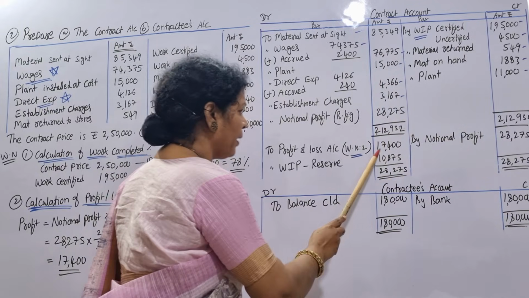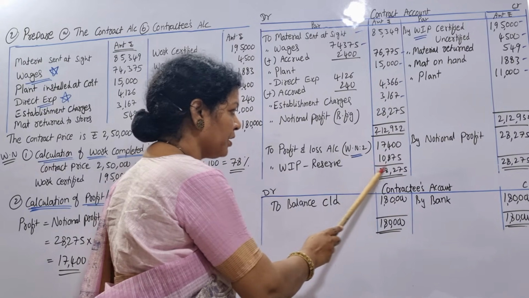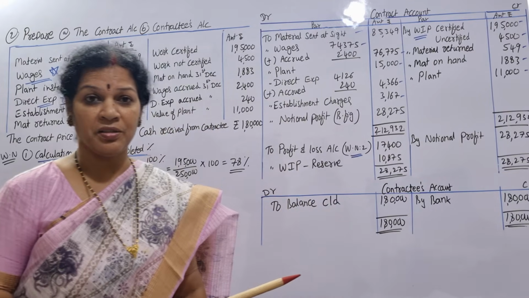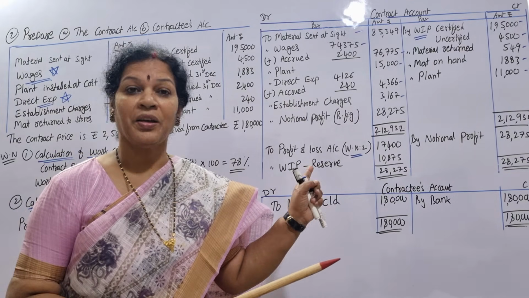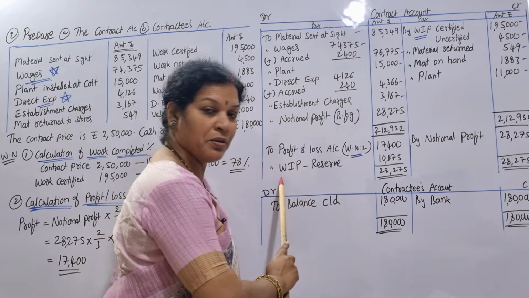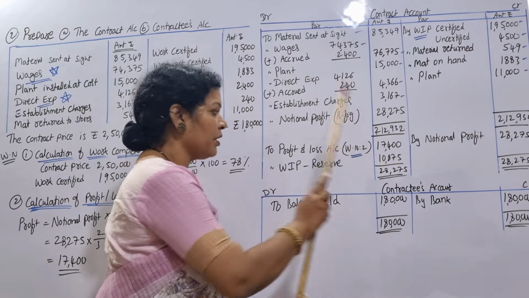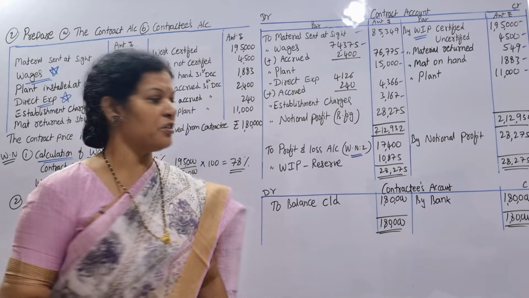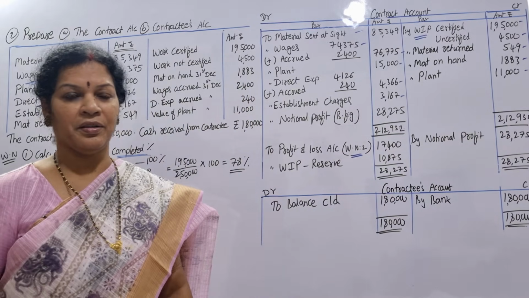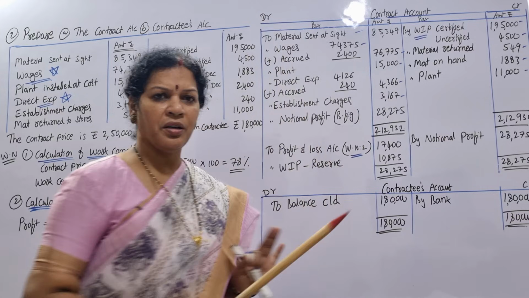Now notional profit minus profit and loss account gives 10,875. This is work in progress reserve, WIP reserve 10,875, the balancing figure. This is the contract account. Am I clear?